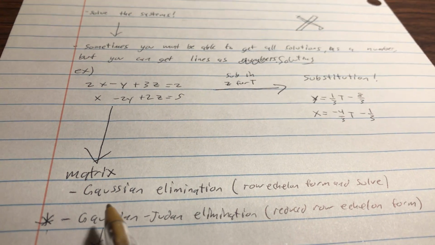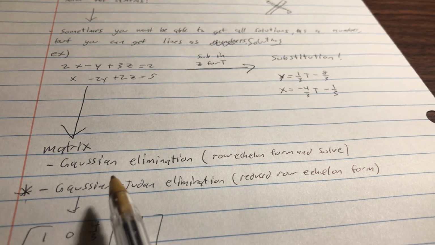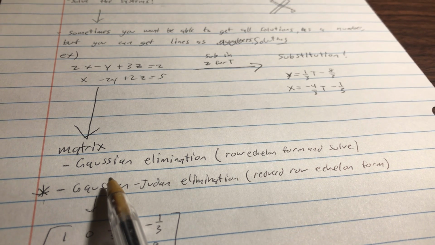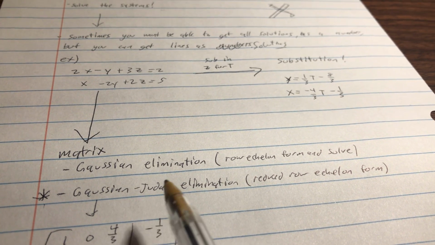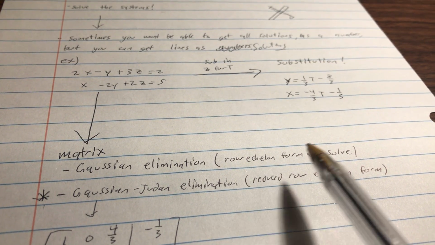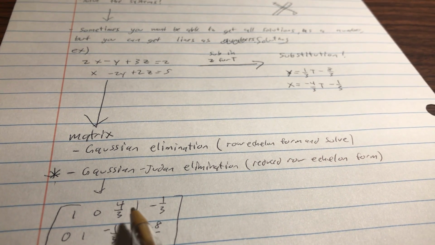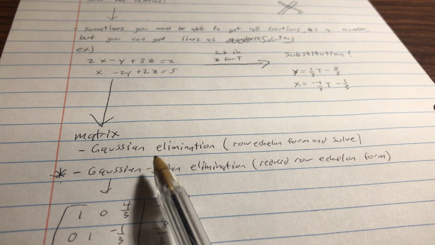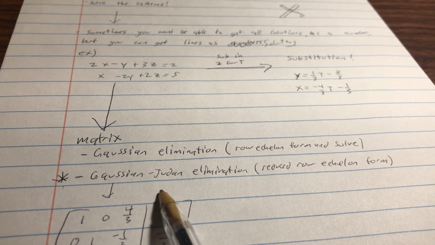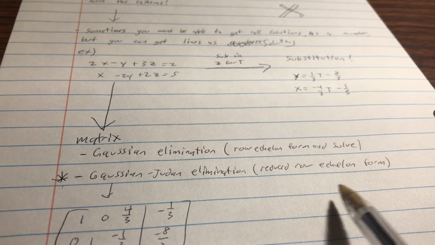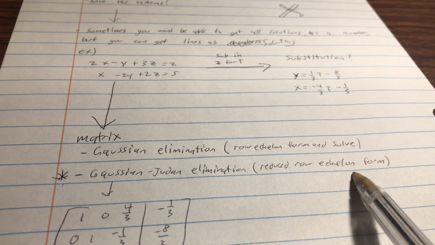Or you can go the matrix route. So there's Gaussian elimination, where it's just row echelon form and then you solve. Or there's Gauss-Jordan, I have no idea how to pronounce or spell these names, elimination, where it's reduced row echelon form.